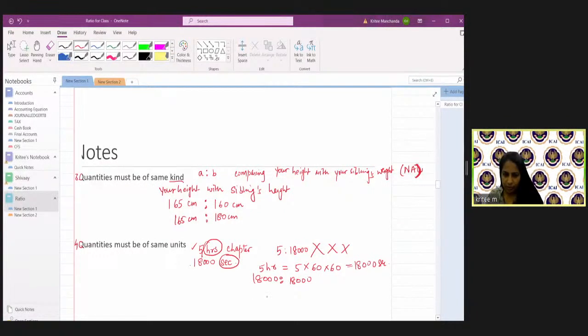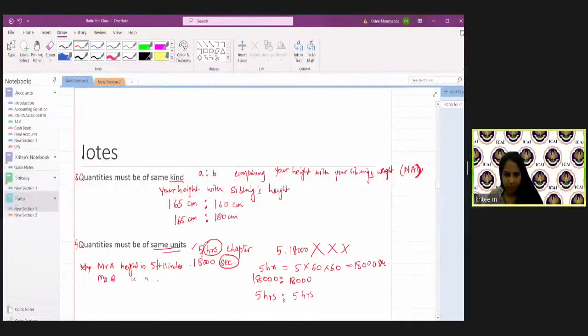Or my sibling says, I studied for 5 hours. You also studied for 5 hours. You studied equally. So your quantities must be in the same units. Someone said, my height is, again I'm going to height, okay. Mr. A's height is 5 feet and 11 inches. Then Mr. B came in.